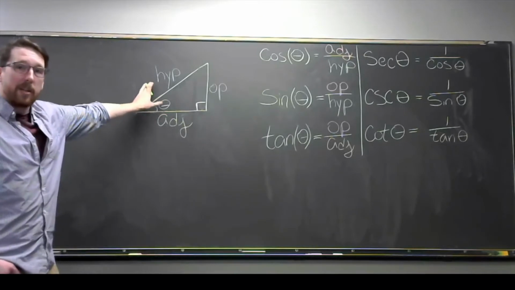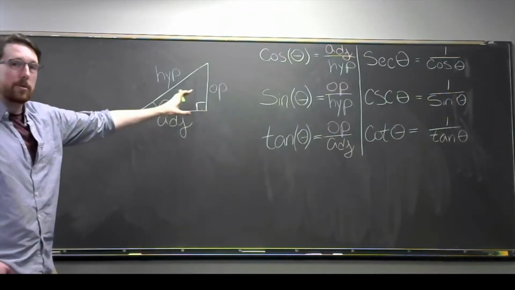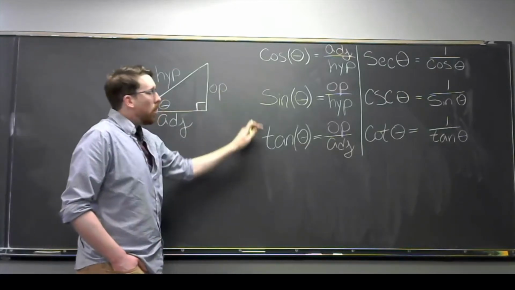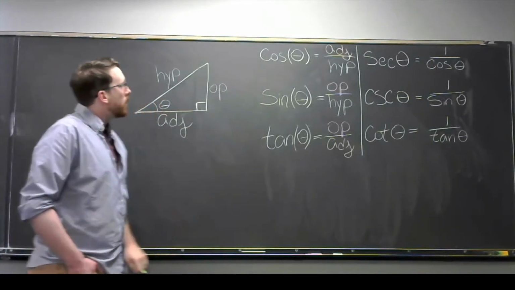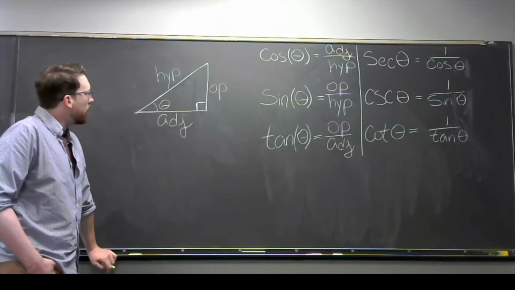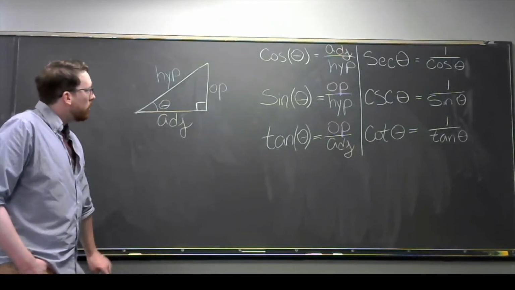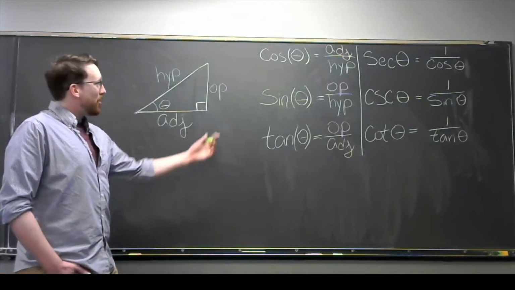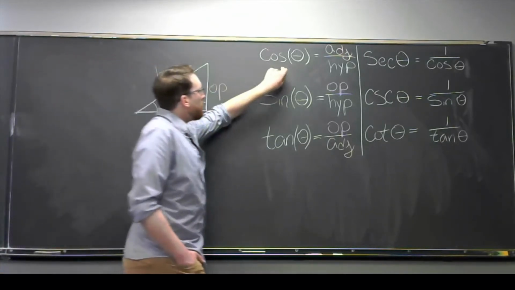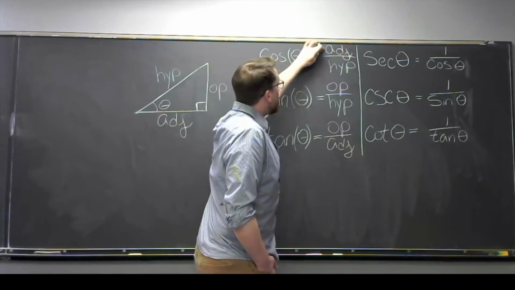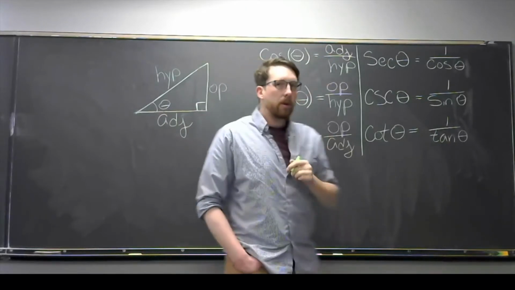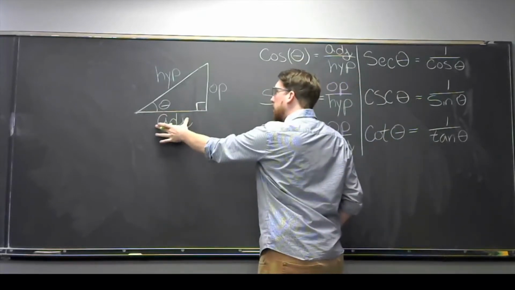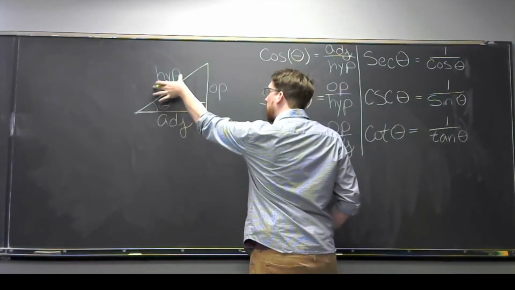Now it's using these titles of the legs that we redefine all of our trig functions. In particular, cosine is equal to the adjacent over the hypotenuse. So we take the length of the adjacent leg and we divide it by the length of the hypotenuse.